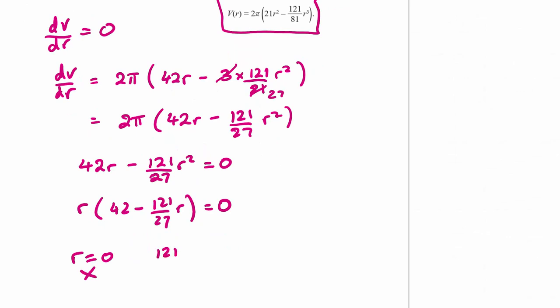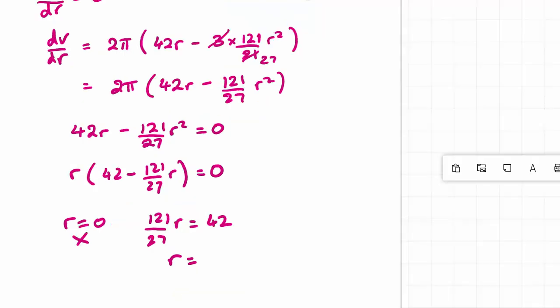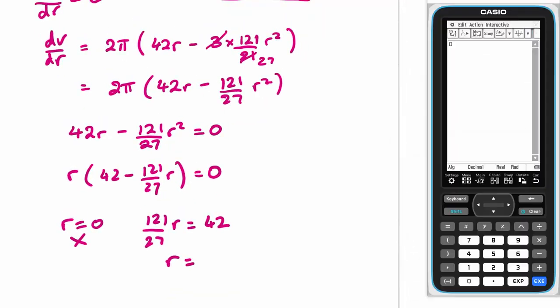Or that 121 over 27 r equals 42, and therefore r is going to be 42 times 27 divided by 121, which is going to be 9.4 centimeters. That is to the nearest millimeter, remember.